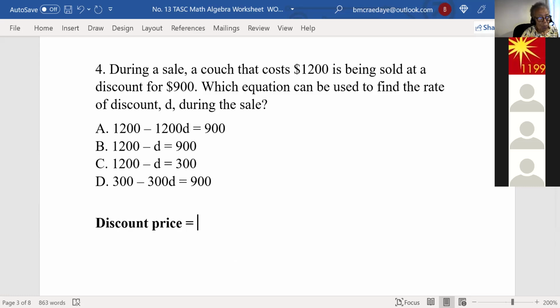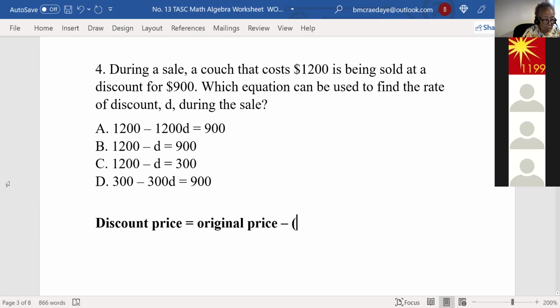Let's just put it in words. The discount price is going to be the original price, which will be 1200, minus what? Minus the discount.